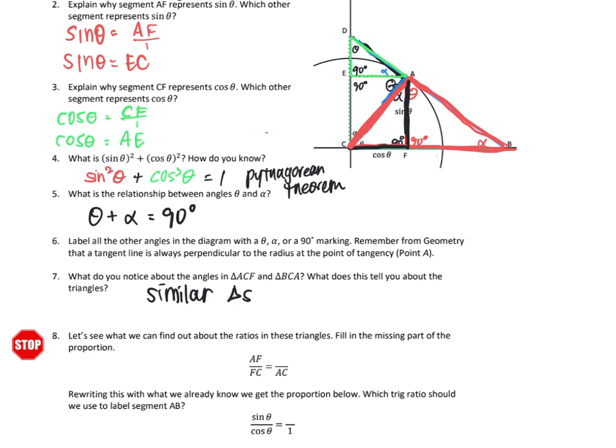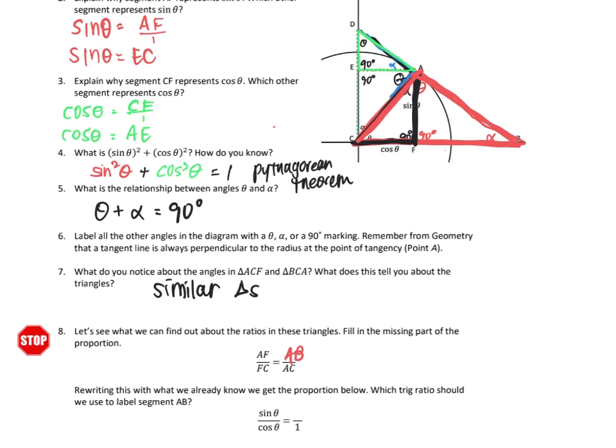So if I'm looking at the black triangle versus the red triangle, and we just said that they are similar, AF is the longer side, and FC is the shorter side. Then in the red triangle, that's going to be the same as AB, which is the longer side, divided by AC, which is the shorter side.